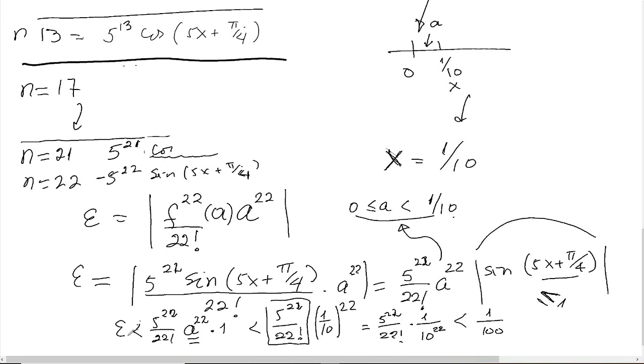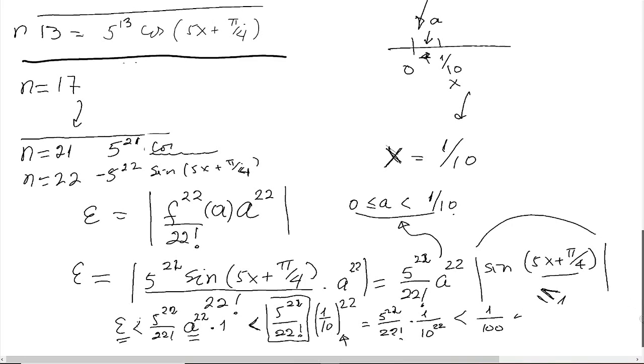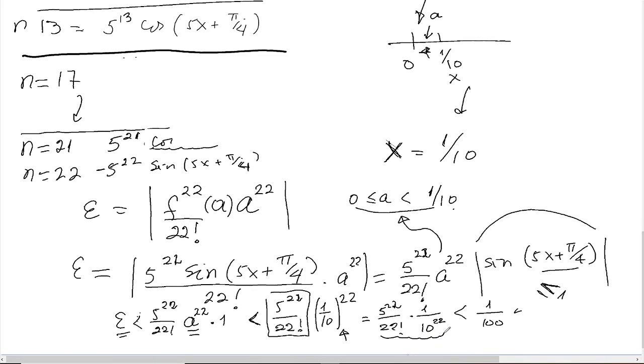Then you can say that the error is less than this, and because the a is between 0 and 1/10, you can bound this with the same numbers using 1/10 to the 22. And then you get something smaller than 1/100. But this is really small, okay, because of this exponent.